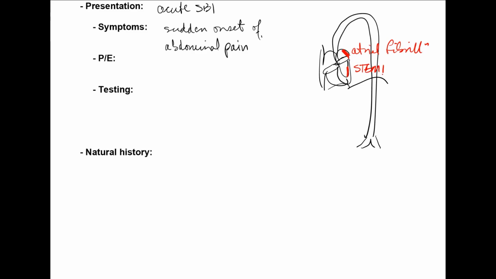And when these dislodge, they tend to go to two common sites: up the carotid, where they will cause an ischemic stroke, or they can go down the aorta, where there is the celiac, SMA, and inferior mesenteric artery, and most common is the superior mesenteric artery, where they cause small bowel infarction. So that sudden ischemia explains the sudden onset of abdominal pain.